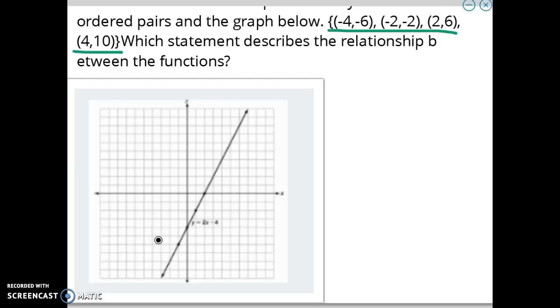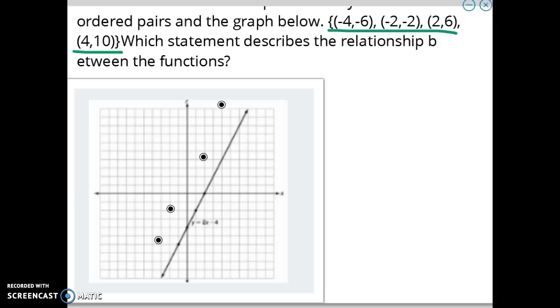Then I would find the next one, which is -2, -2, and I would place a point right there. Then I'm going to find the point +2, +6, and place a point right there. Then I would find the point 4, 10, and place the point right there.